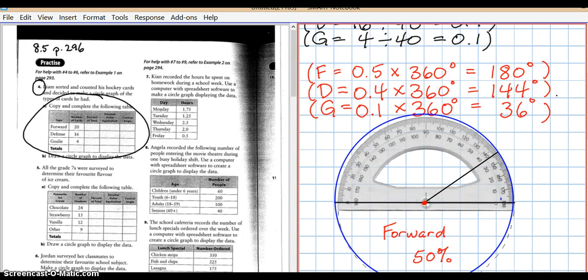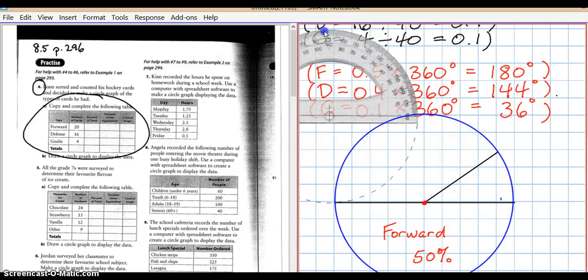I'm going to take away the protractor because we are finished constructing the circle graph.